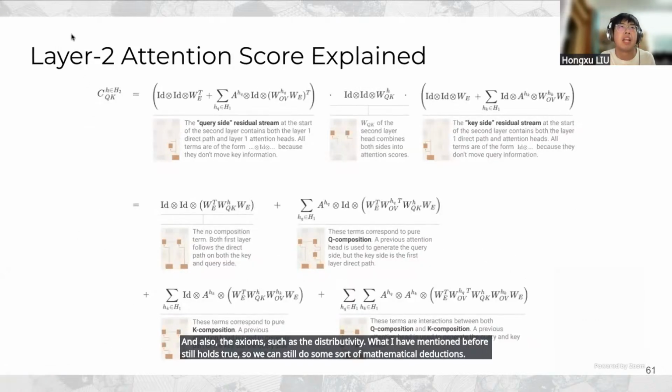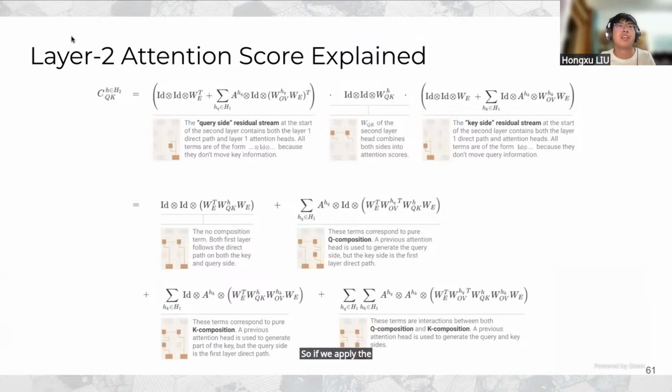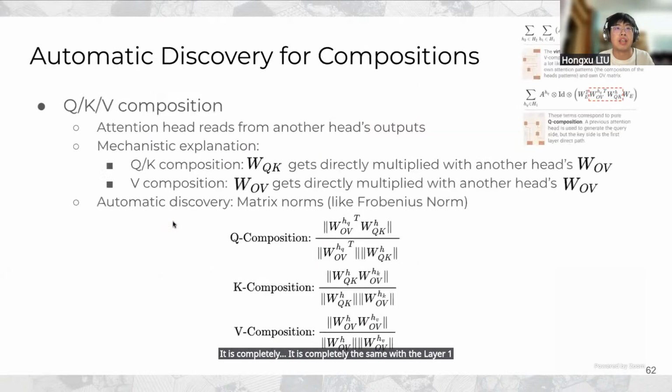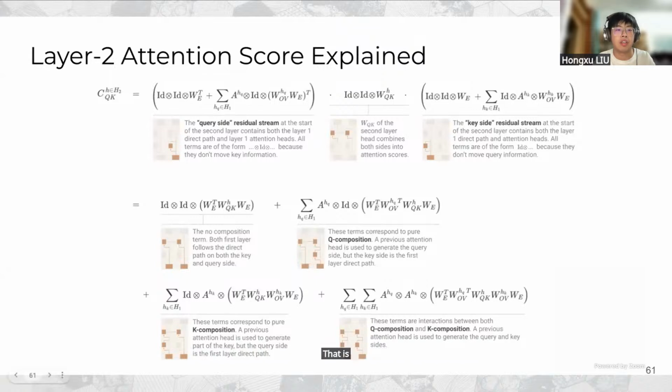If we apply the trinary tensor notations to the layer 2 attention score, we will find that there are 4 kinds of situations. One is that it is completely the same as the layer 1 attention scores, starting from the word embeddings from the input layer.